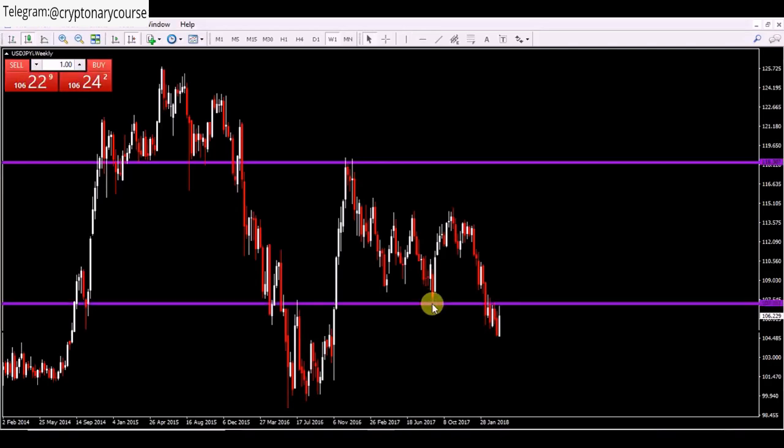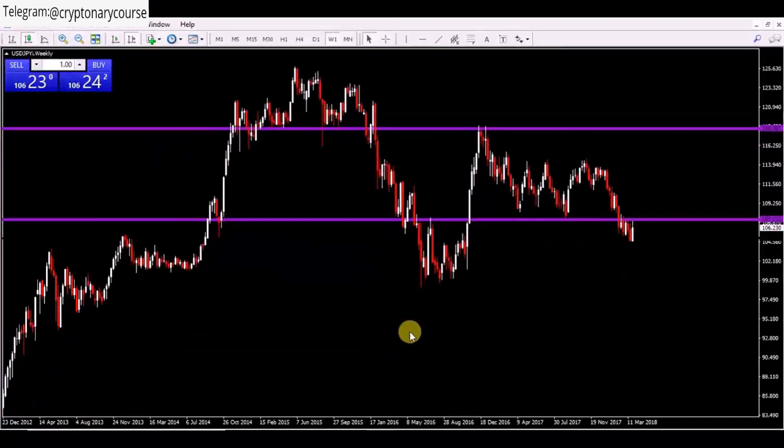So here's another weekly area, for very obvious reasons. Market came down, reacted, went up, broke through, and is testing the underside of this, and has been dropping since. We scroll back, and you'll see the market right here broke through, came up, retested that area, and dropped.